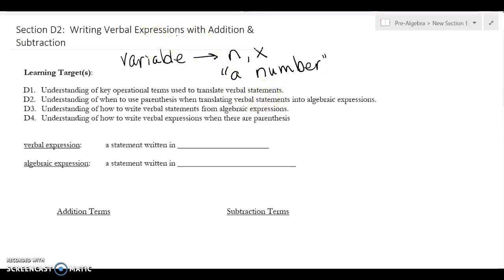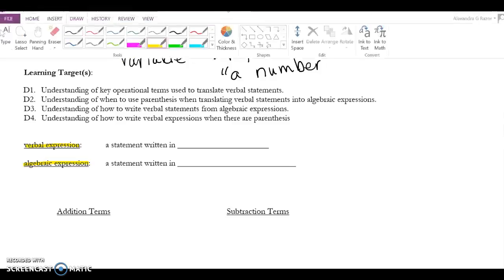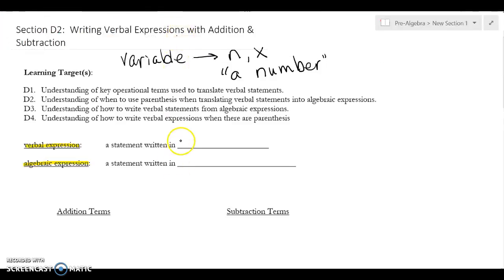So we have several different vocabulary words that we have to know. The first one is a verbal expression, and the second one is an algebraic expression. A verbal expression is a statement that is written in words. It's complete sentences, no numbers.